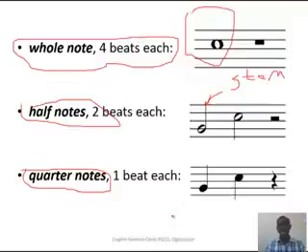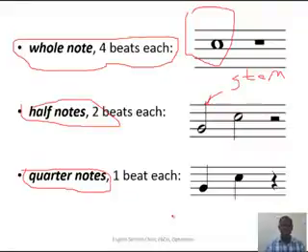Take note of that. Although beginners will always be told that the quarter note has a beat value of 1, as you go on, you will discover that these notes do not have a fixed beat value. Their beat value depends on the time signature.